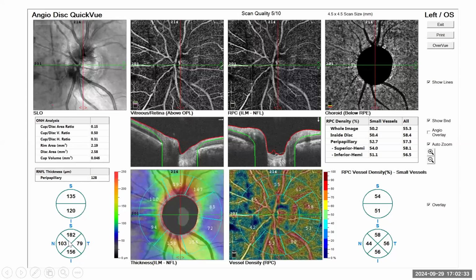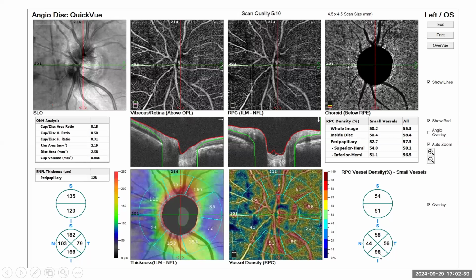And then reflecting on the nerve fiber layer thickness on this side, that's where I want us to give some attention. The retinal nerve fiber layer thickness on the temporal side is 79, and the vessel density is 56. While that of the superior is 182, the vessel density is 58.